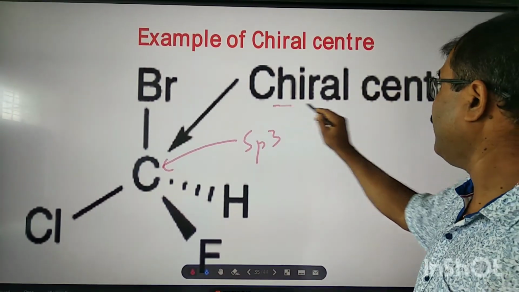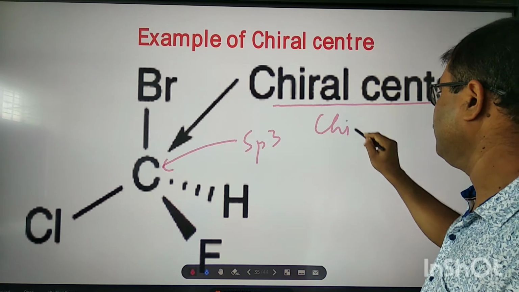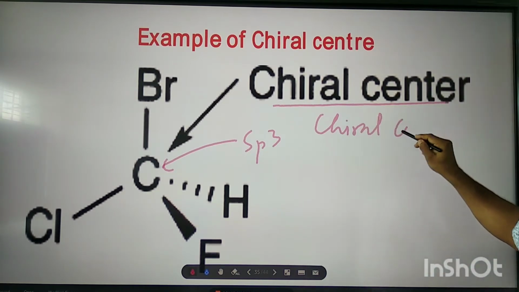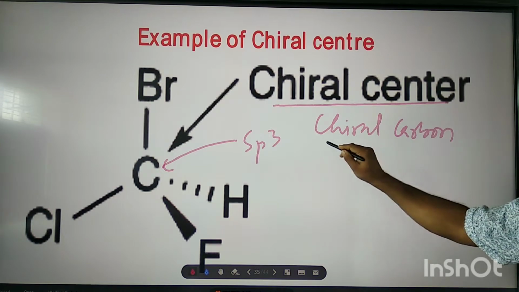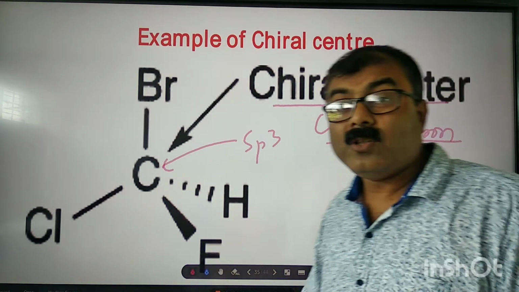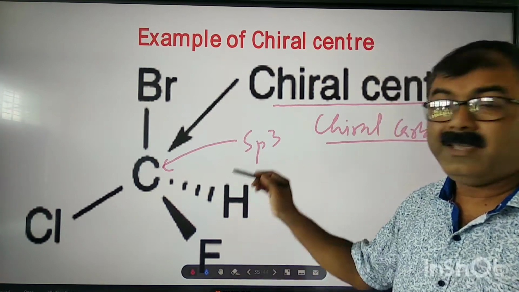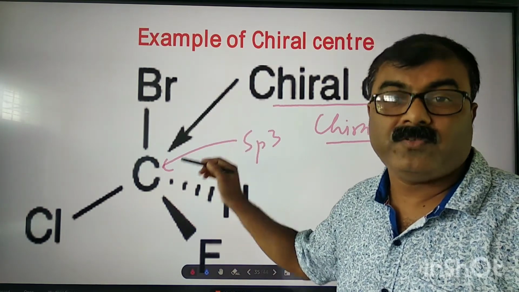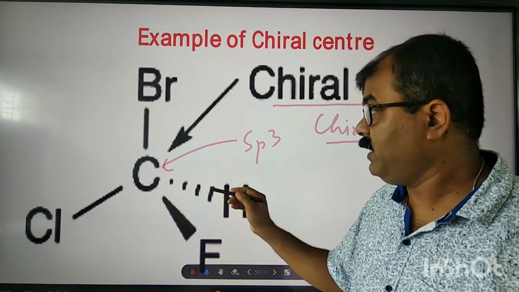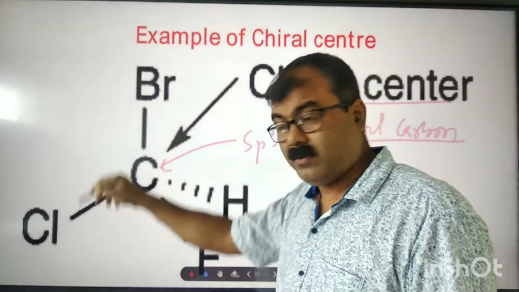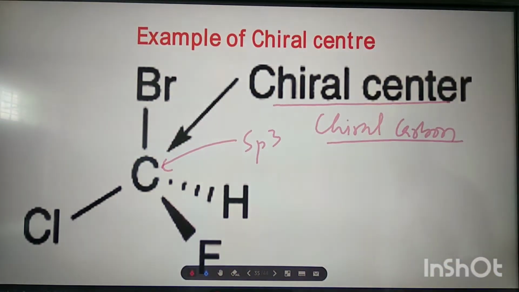Therefore, this is a chiral center or chiral carbon. And it is also called asymmetric carbon because it lacks symmetry. There is no element of symmetry in such type of compound.